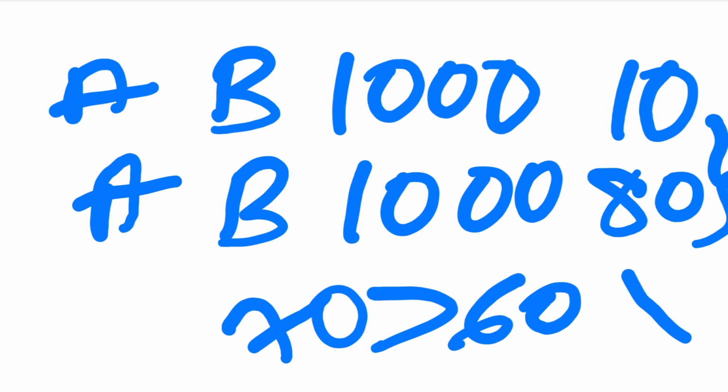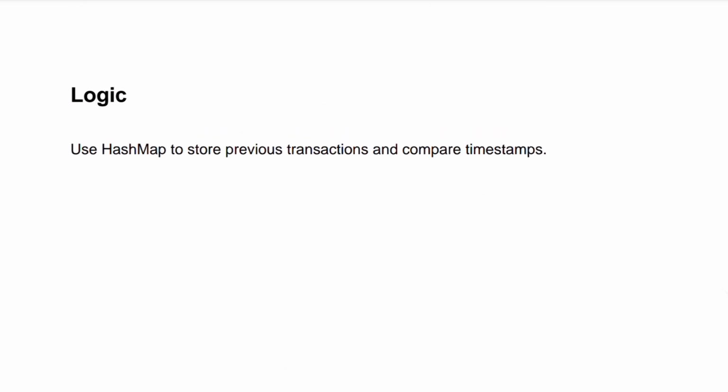We only detect fraud if the time difference is less than or equal to 60 seconds. But here it is 70, so no fraud is detected. We always compare with the last transaction only. That's it.